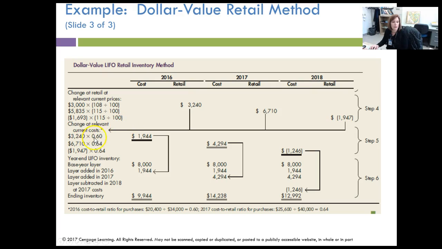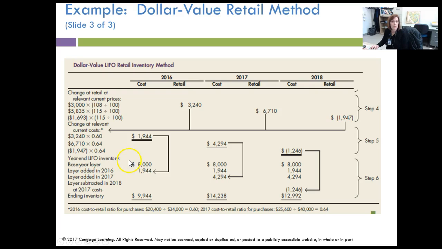And then we will multiply these intermediate calculations by the cost to retail ratio for our purchases, and we come up with three new figures here. And what these are are our purchase layers for these various years.